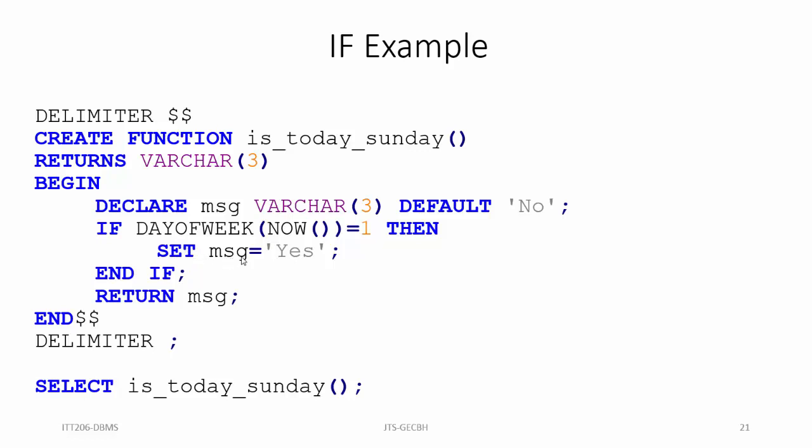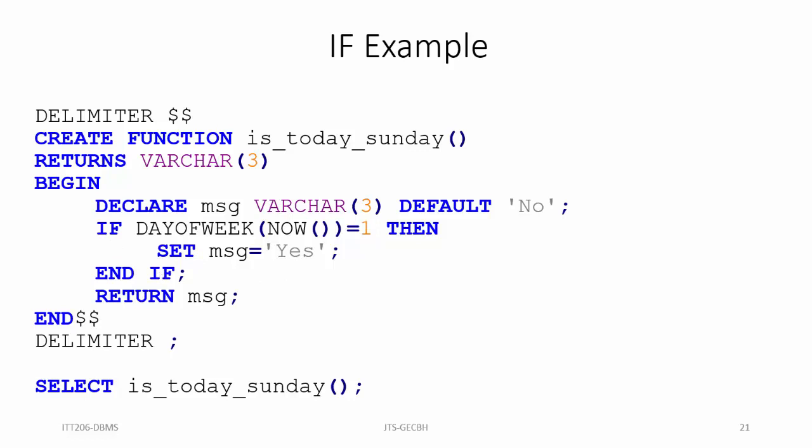So set message equal to S, and to tell the compiler that the if statement has ended, we should write the statement end if, followed by a semicolon. Then finally return message, which is part of the function. This is how we write if statements.